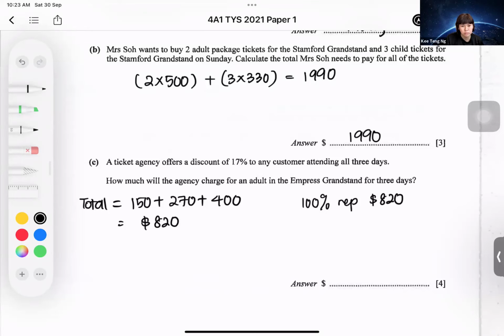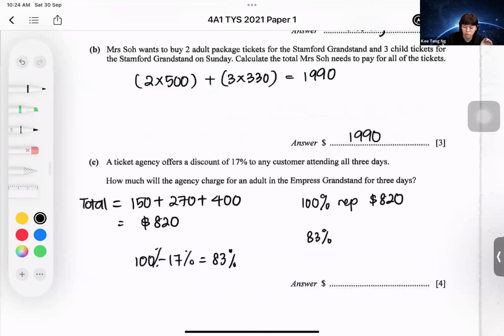Then I want to offer a discount of 17%. Either I can find 17% first and then subtract it away, or I'll just take 100 minus 17%, which will give me 83%. So I subtract first, because I'm scared I forget to do the subtraction. So I'll minus away first and then I'll find 83%.